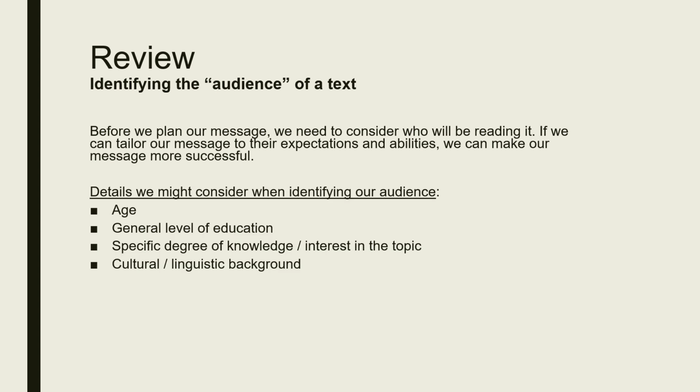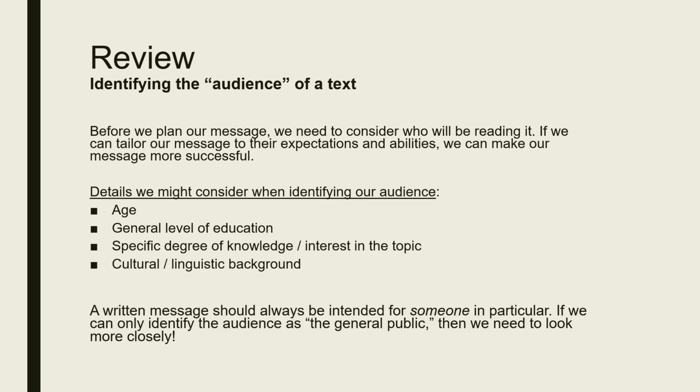So some things that we can think about or consider when identifying our audience are age, their general level of education, their specific degree or knowledge, or the interest in the topic, and then we can also think about their cultural or linguistic background. A written message should always be intended for someone in particular. If we can only identify the audience as the general public, then we need to look more closely.